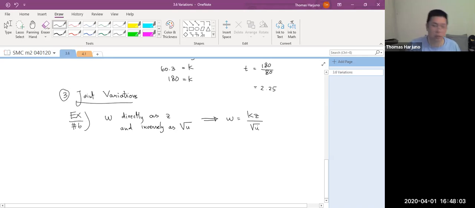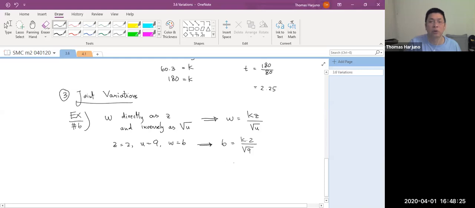We did the same idea like earlier. Let's say, for example, here it says that when Z equals 2, U equals 9, W equals 6, and 6 equals K times 2 over square root of 9.